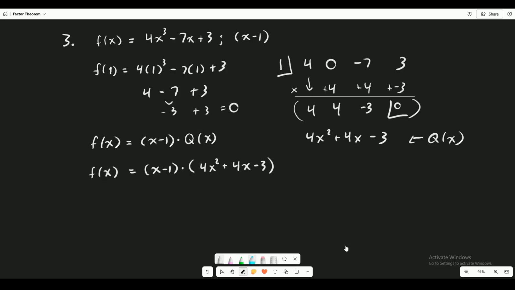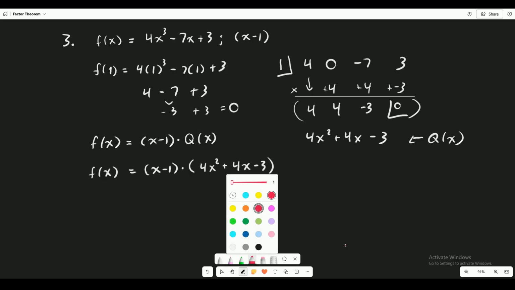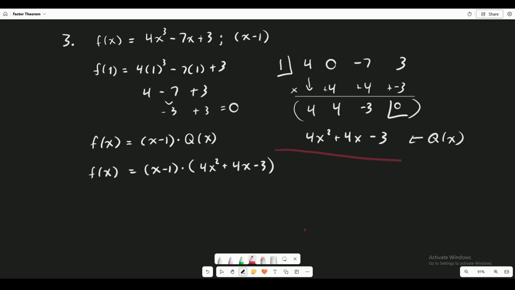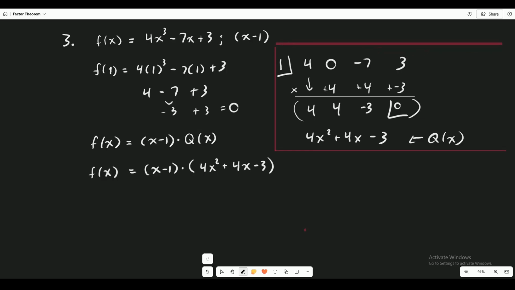So let's just split this up. This in the red, right over here, is just my synthetic division to find what q of x is.